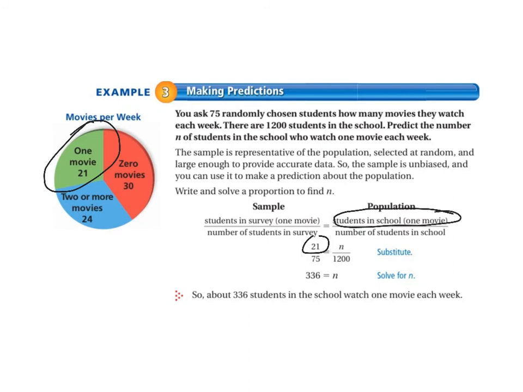That's what we're trying to figure out. So that's N over 1,200. That's the total number of students in the school. And so then we cross multiply and solve for N, and we learn that 336 equals N. So about 336 students in the school watch one movie each week.